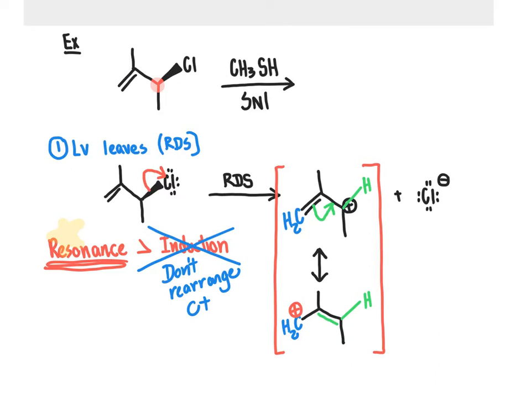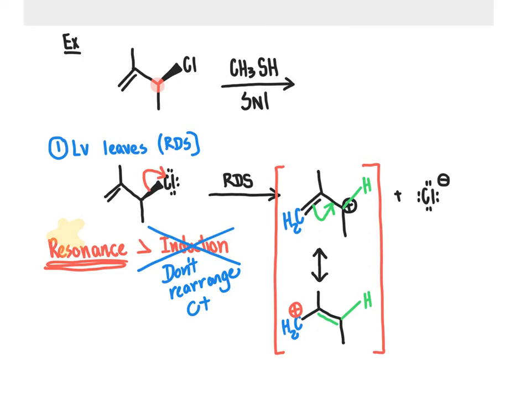On the other hand, with induction, we're just lightly polarizing bonds to somewhat share the electrons and move them about, but we're not fully able to distribute that formal charge over multiple atoms. Resonance fully distributes the formal charge over multiple atoms, making it a stronger force here than induction.